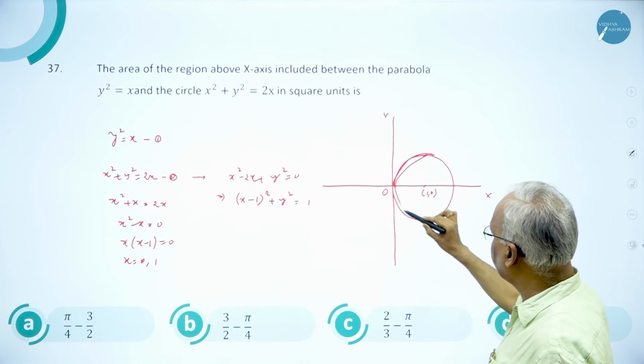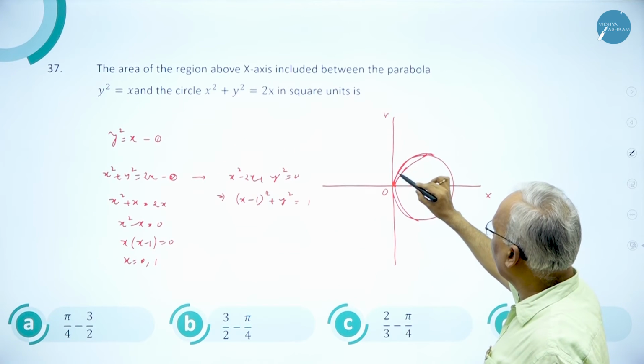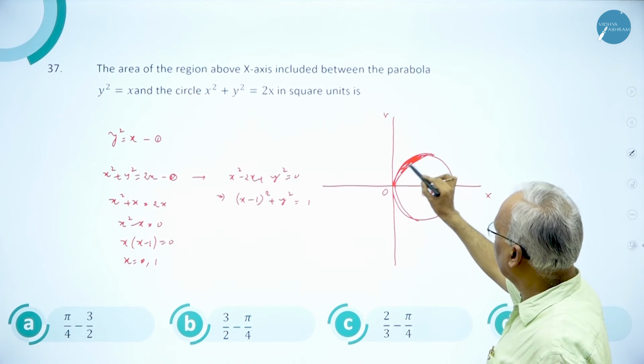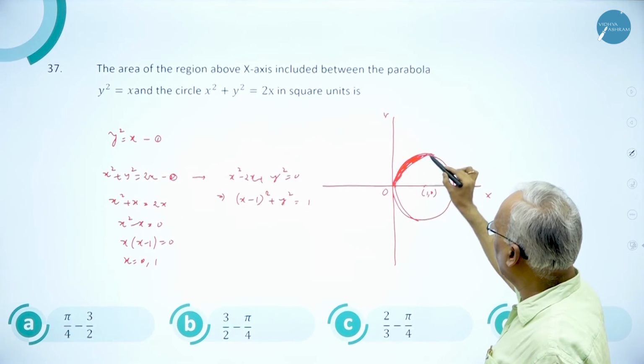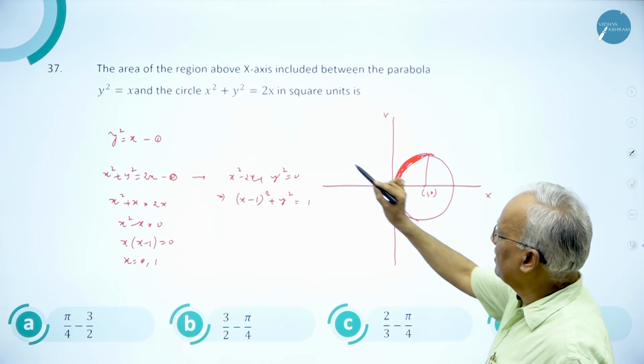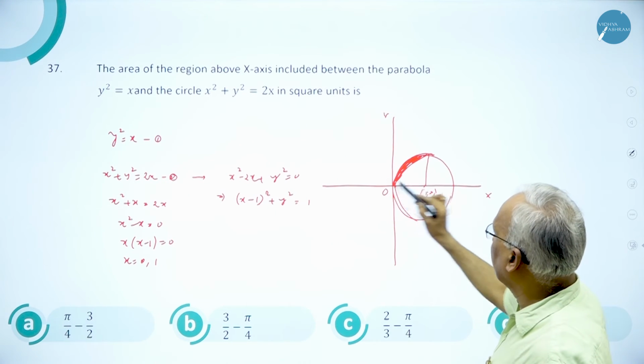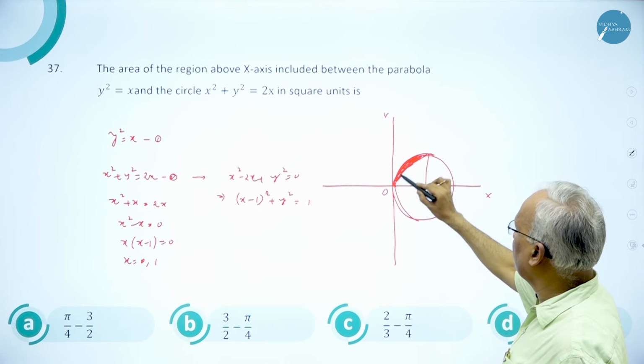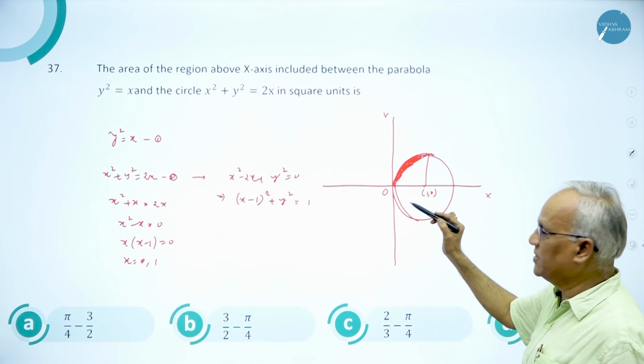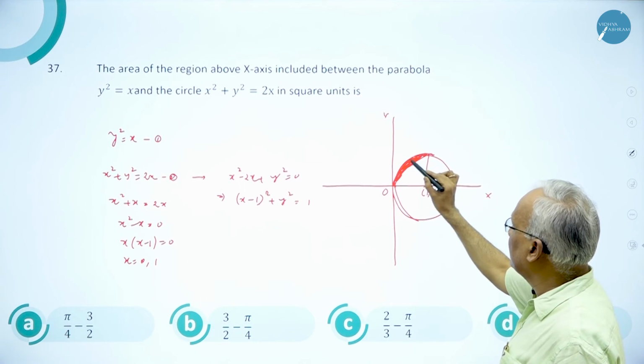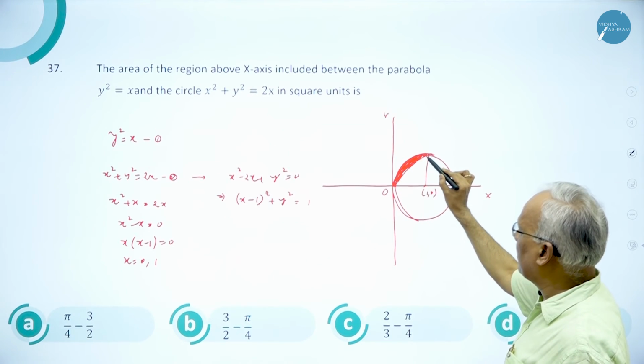This is the parabola. So this is the required area. Above x-axis and between the parabola and the circle is this required region, this shaded region. So you can easily see here, the circle makes more area than the parabola.